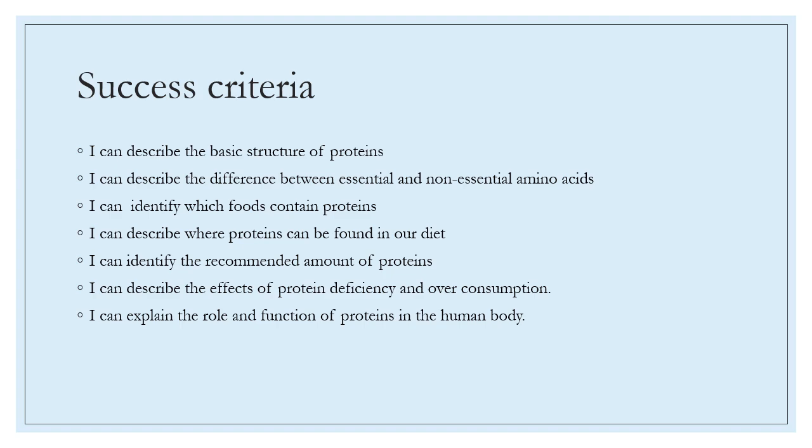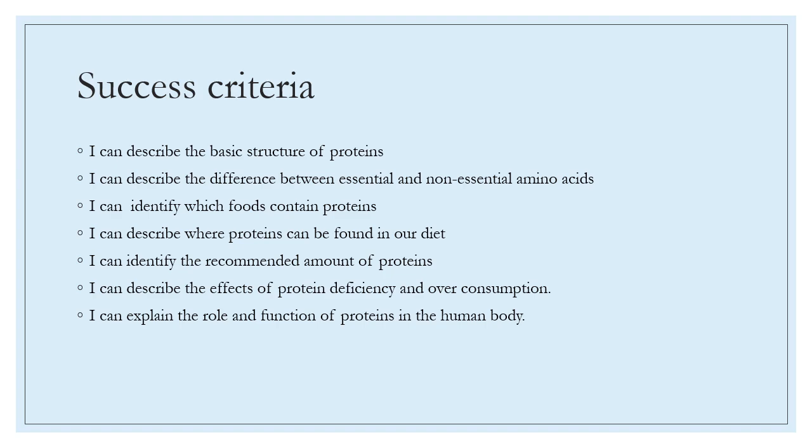And this COOH group, or carboxyl group, is involved in making it an acid. You can describe the difference between essential and non-essential. So essentials are taken in by our diet, our body can't make them. Non-essentials we can make ourselves.